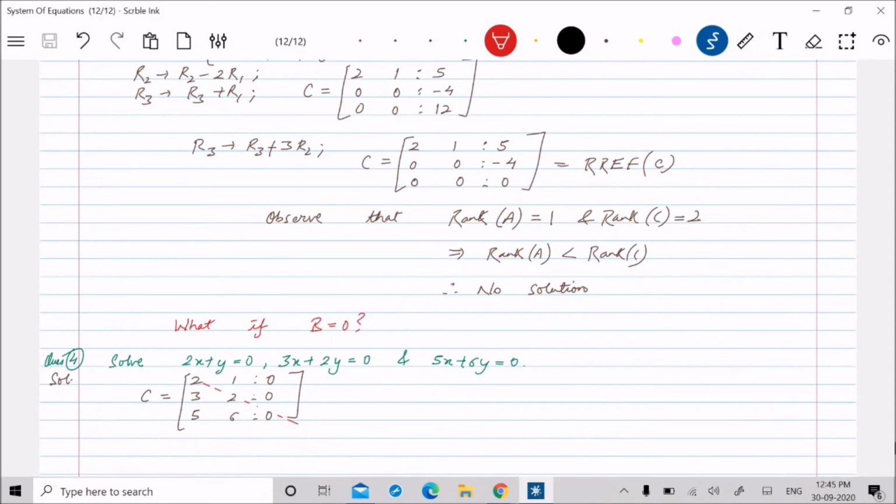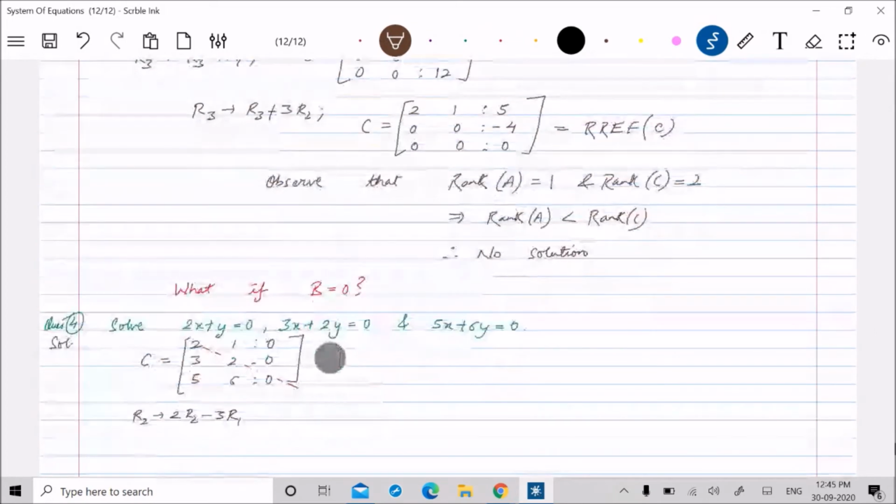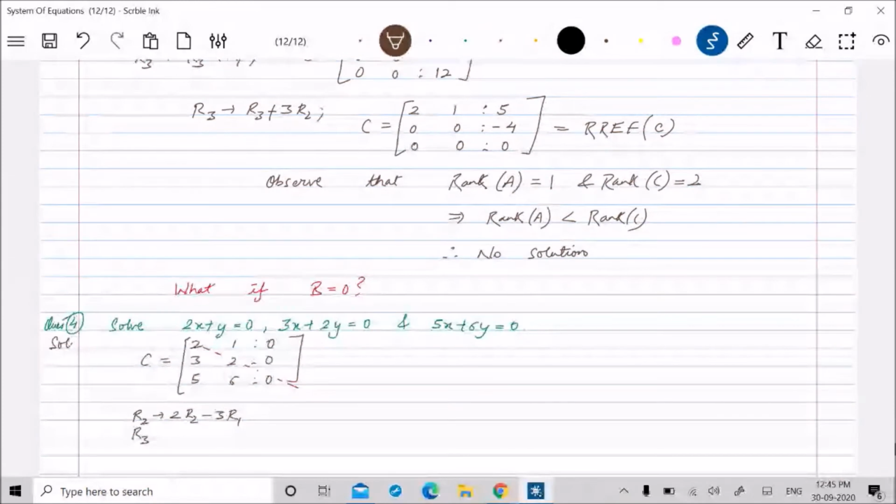So let me use the row operations to make them 0. First will be R2 implies 2R2 minus 3R1, and second will be R3 implies 2R3 minus 5R1. I hope you got how I use these operations to make them 0.